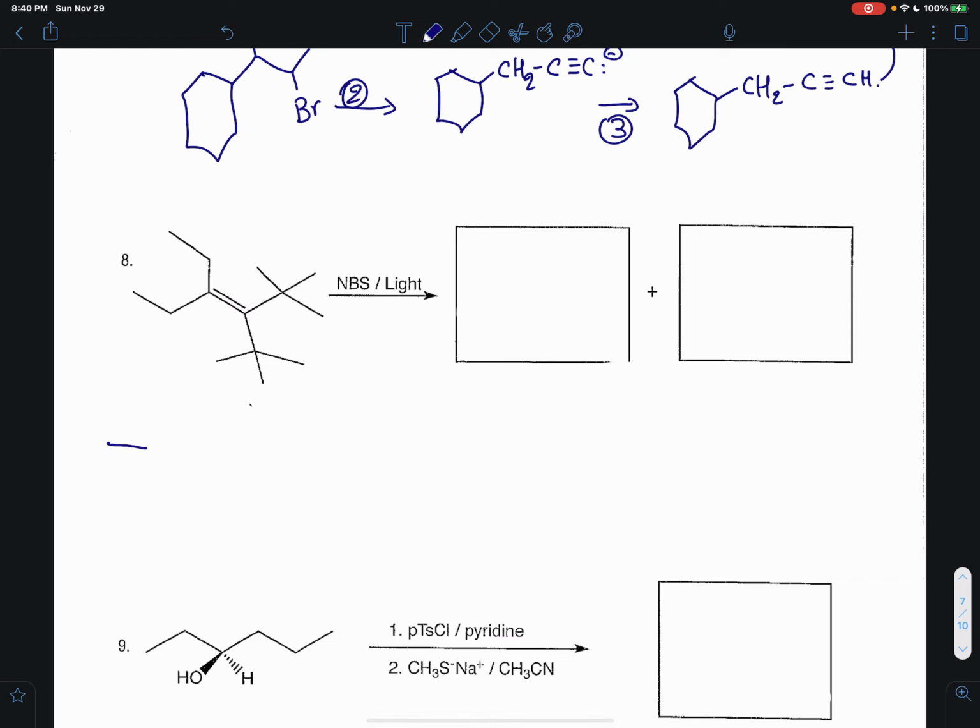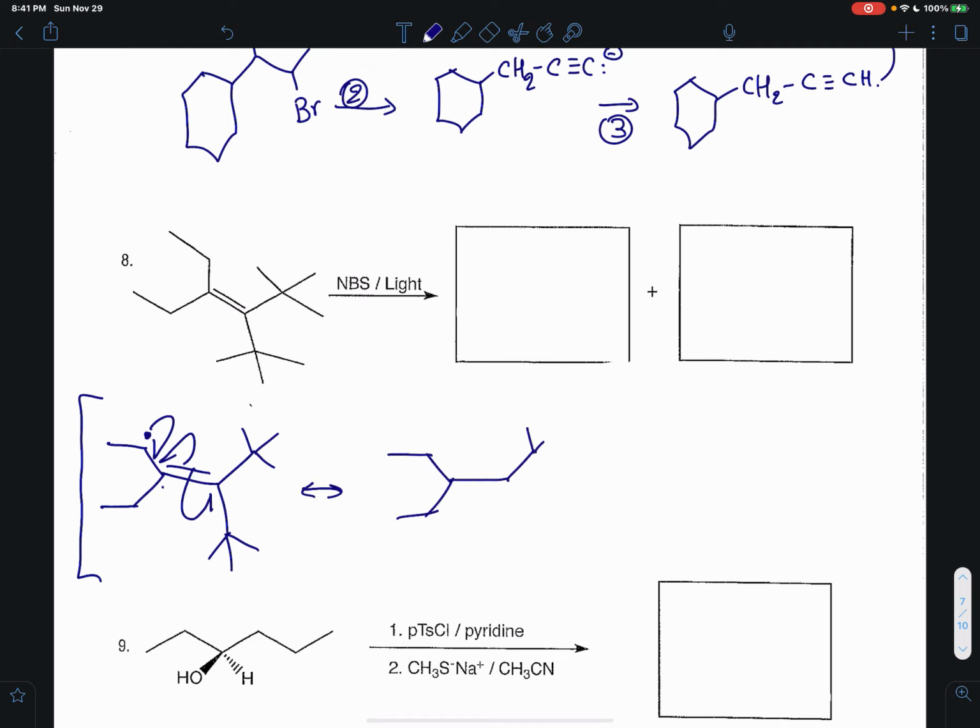So if I draw the radical, I'm going to form a radical right here. Now, once I form this radical, if you notice, I have a resonance contributor that I can draw, and that resonance would be something like that. I'm going to form a radical right here, and then the double bond moved all the way to here.